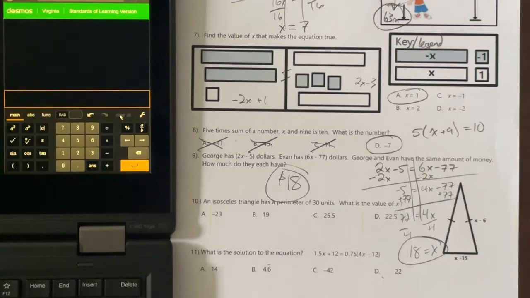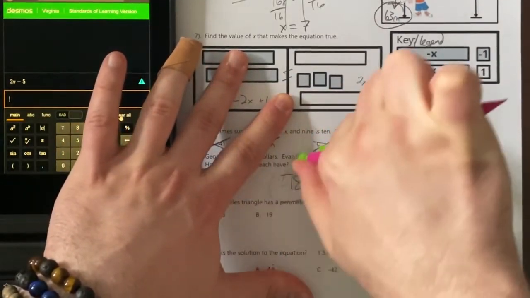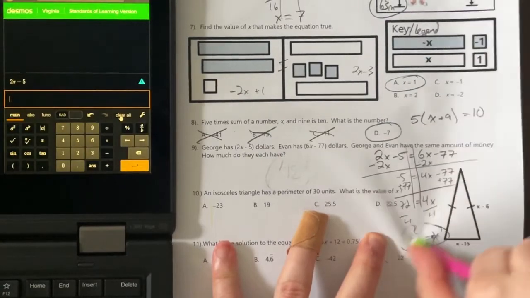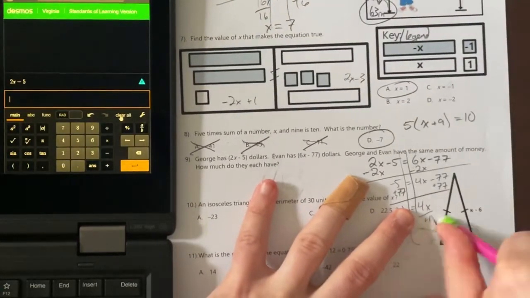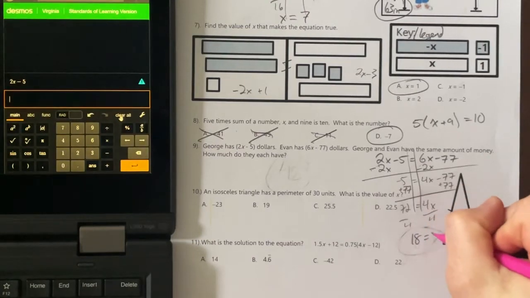For number 10, it says an isosceles triangle. And actually, let's back up. I want to make sure that this is correct. So I have 2x minus 5. Let's double check, because actually, that's not my answer. Let's back up. I knew I was messed up on that one. They don't have $18. We have 18 is equal to x.